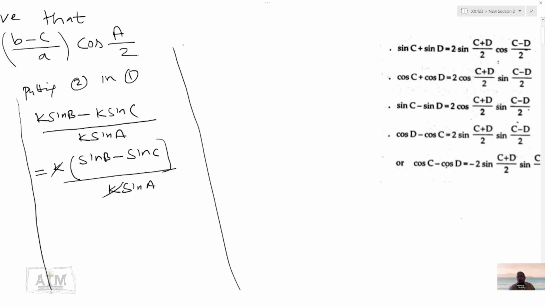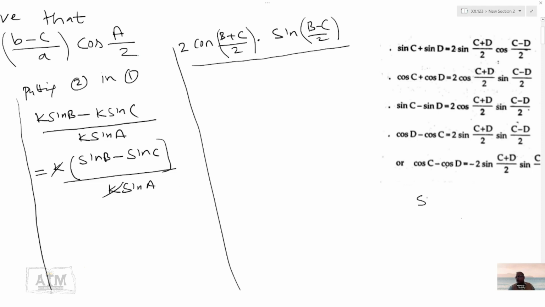So we get here 2 cos of (B plus C) upon 2 into sine of (B minus C) upon 2. In the denominator, we apply the formula sine theta equals 2 sine theta by 2 dot cos theta by 2.